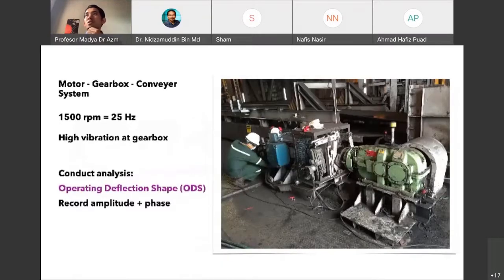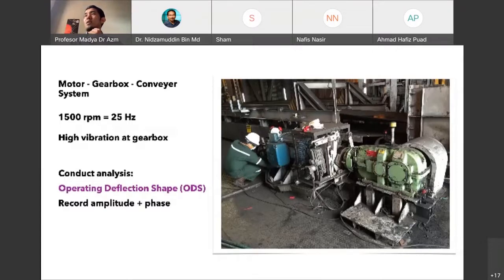Okay, so this is the one that we did for a motor gearbox conveyor system. That motor has a speed of 1,500 RPM. If you divide it by 60, it is 25 hertz. So there was high vibration at the gearbox. This gearbox is used to run the conveyor, which carries coal.